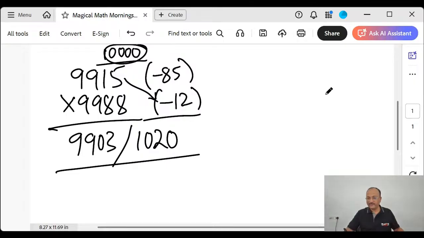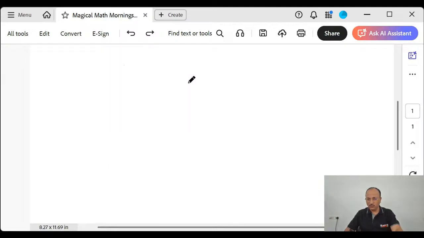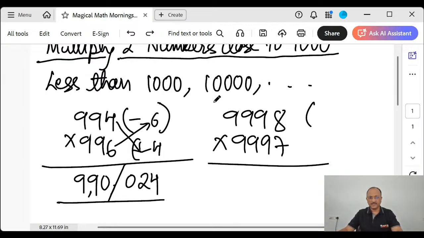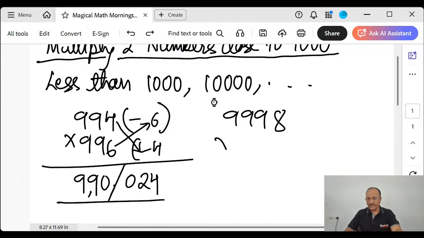Got it? This is the method for the numbers which are less than the base. The base is 100, 1000, 100,000, 10,000, whatever it might be. Now we'll go for two numbers which are slightly more than the base.